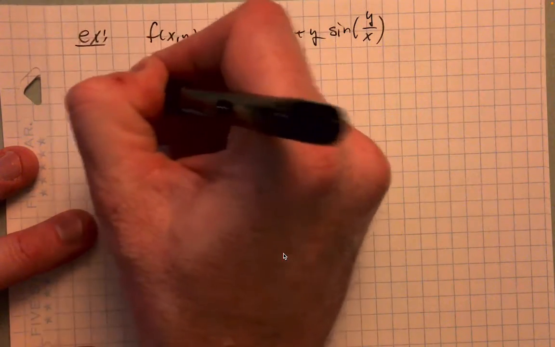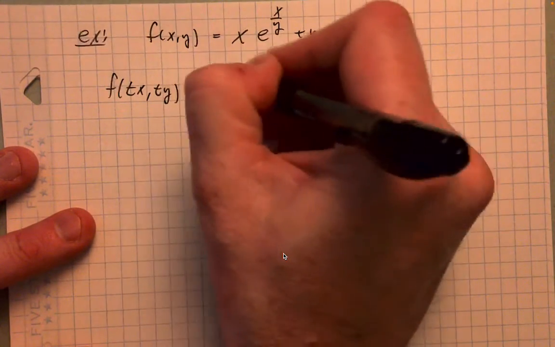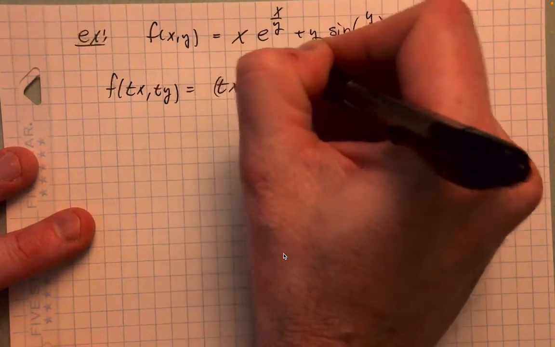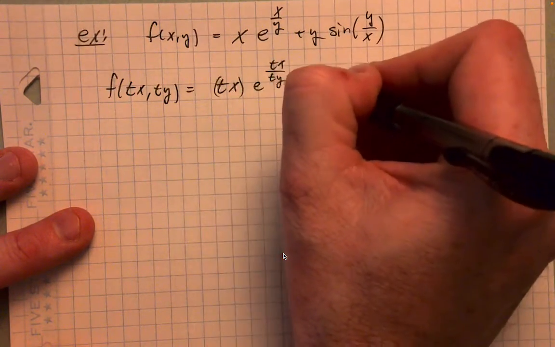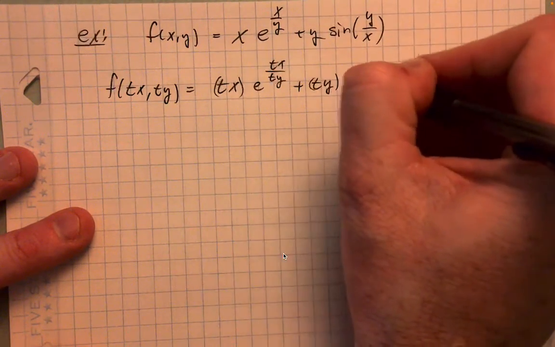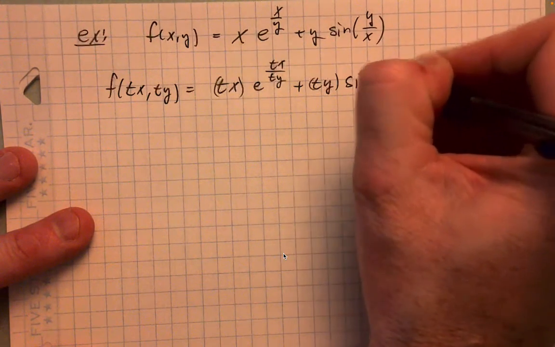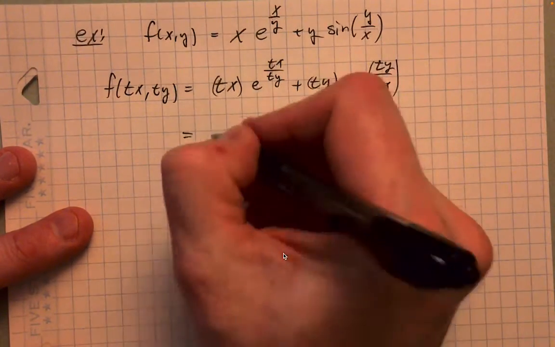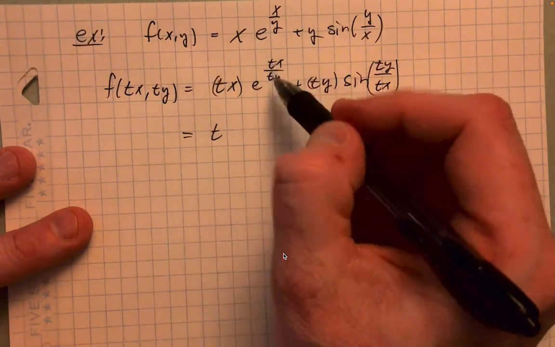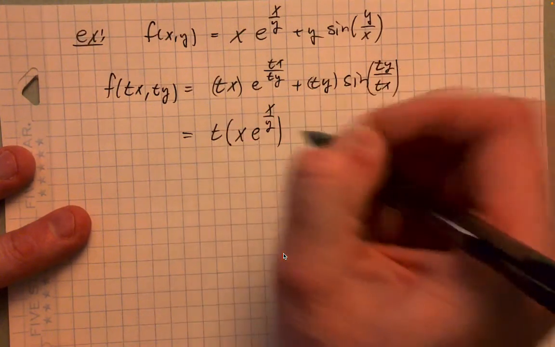So f of tx, ty is equal to t times x e to the tx over ty, plus ty sine of ty over tx. Here you're going to have a t out front. These two will cancel, and so you're just left with x e to the x over y.